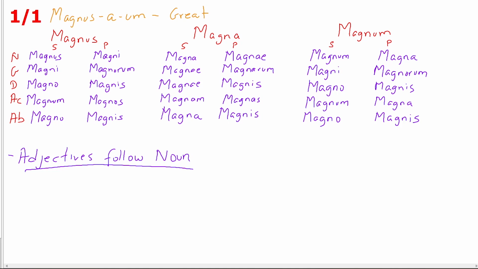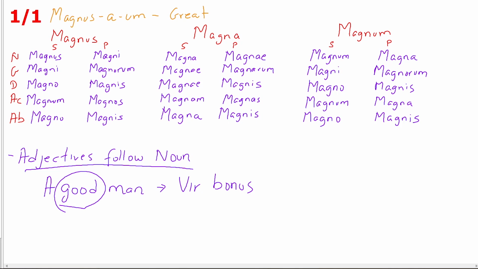For example, in English, if I want to say a good man, which is the adjective here? Good. Now good precedes the noun in English. In Latin, you would write this as vir bonus. So we see here that the adjective comes after the noun, in most of the cases in Latin.